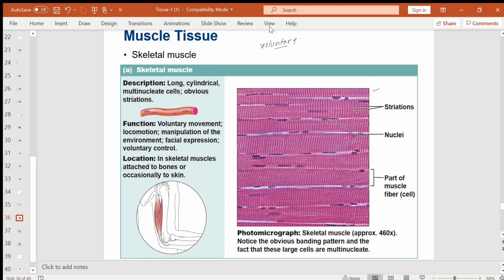Now, if you see the skeletal muscle under the microscope, you'll see the fibers are cylindrical and very long. So number one is, you'll see long cylindrical shaped fibers. Okay, so this is another fiber.